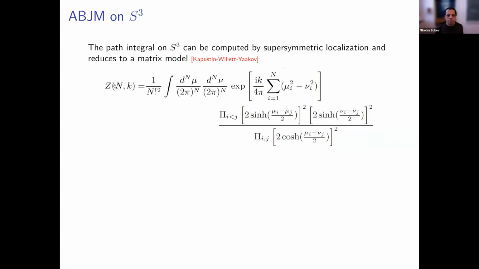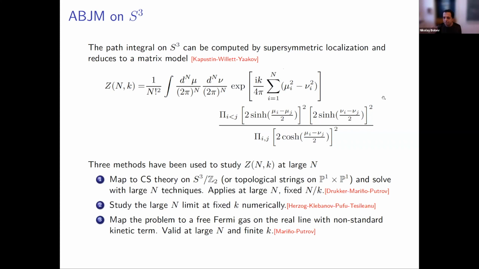So now we have reduced the path integral to just a matrix integral, but matrix integrals at large n are also not easy to solve in general. So one still has to do some amount of non-trivial work, and this has been approached in the literature in various ways, with various tools.